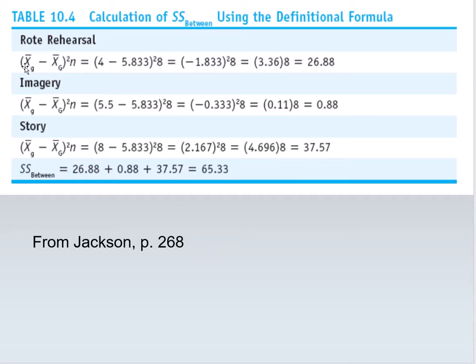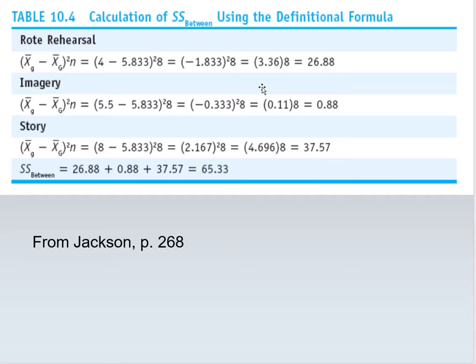It's still the score minus the comparative mean squared, but for between, we multiply it times the sample size to give more weight depending on the group. So we go through and do this math. 4 minus 5.833 gives us negative 1.833 squared. Still have the times 8. That becomes 3.336 times 8, which gives us 26.88.